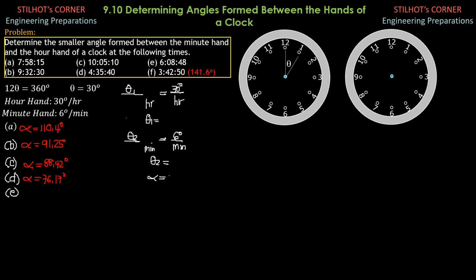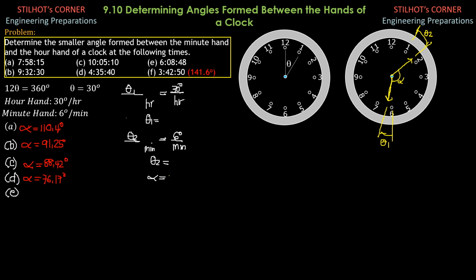So that means the hour hand is pointing just to the left of 6. So this is the hour hand. The minute hand is before 2. That's the minute hand, so this is alpha. The hour hand was pointing 6 before, so I'll call this theta 1. And the minute hand was pointing the 1 mark, so I'll call that theta 2.